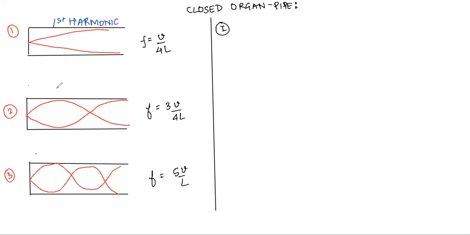This is the case of third harmonic. And this is the case of fifth harmonic. Now have a look and tell me the location of nodes from the closed end.